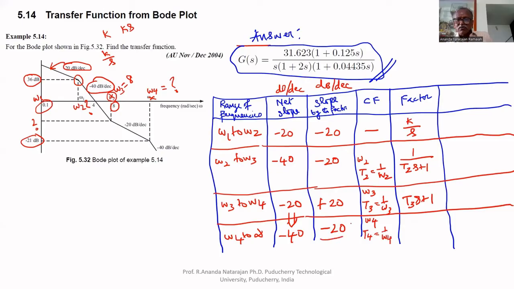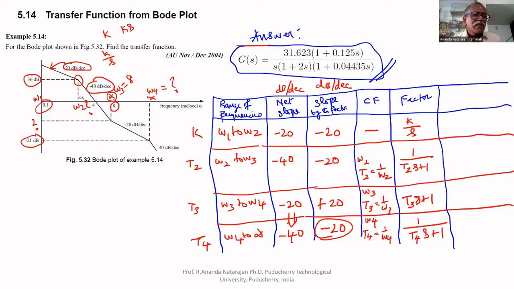Since it is negative, the factor is 1 by (T4 s plus 1). The question is now reduced to finding K, T2, T3, and T4. If we find K, T2, T3, T4, we can form the transfer function.